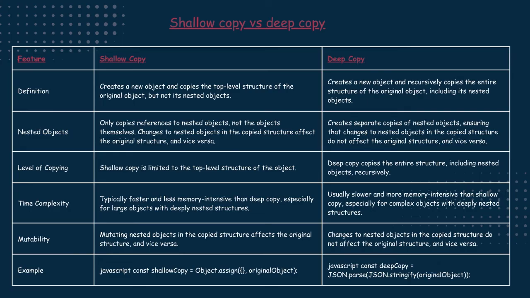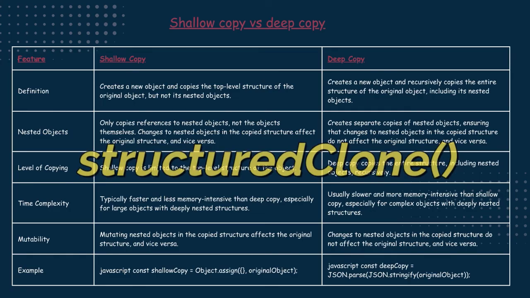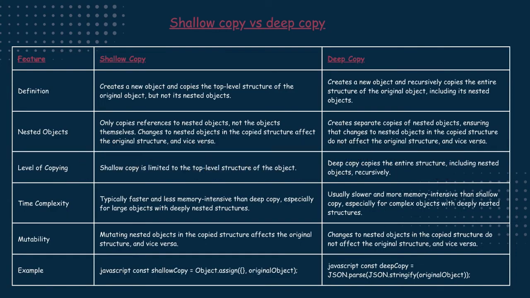You can note this down and read about it. So structuredClone does the deep copy for us. So you don't need to do it this way because this is the older way. You can read more about it. Okay, structuredClone, I meant to say. Yeah, okay, note down.